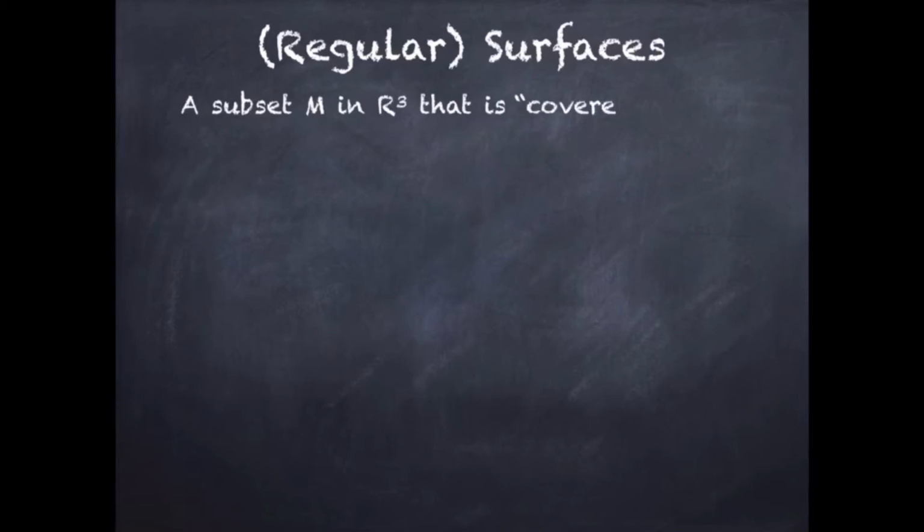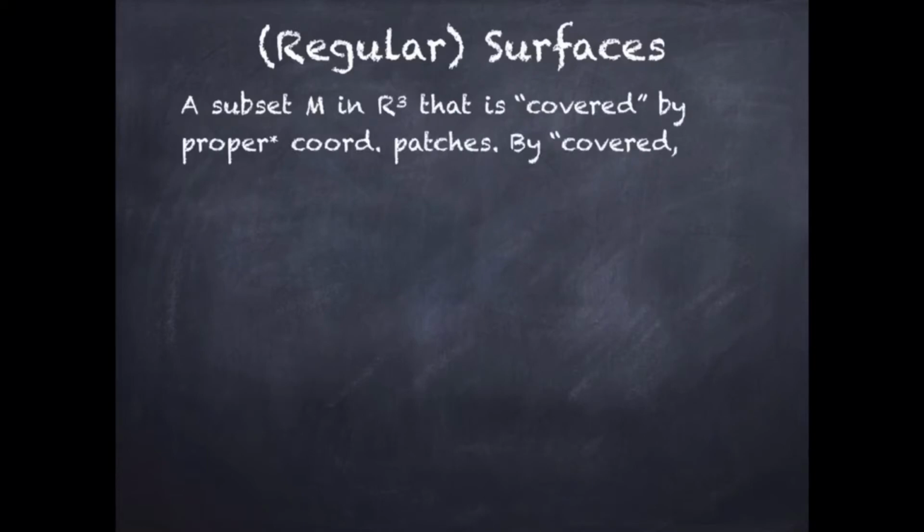So formally, a subset M in R3 is going to be a surface when it is covered by what are called proper coordinate patches. I'll discuss proper in just a moment.